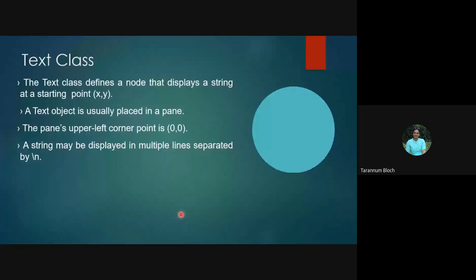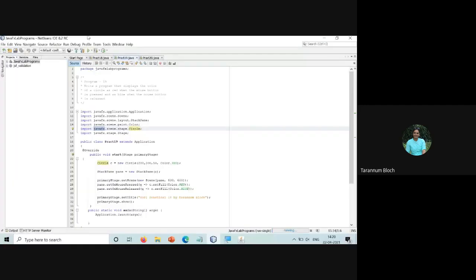So text is also considered inside the shape class, and there is a class which defines a node that provides a string as a starting point x and y, right? So the text object is usually placed in a pane. If you recall our example where we moved a text inside a pane, we have taken text is equal to new Text, and we gave 50, 50 as a dimension. Do you recall that?